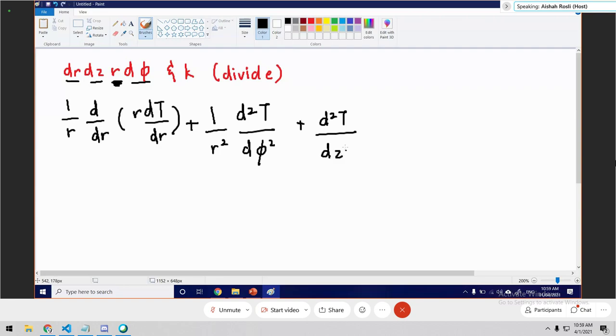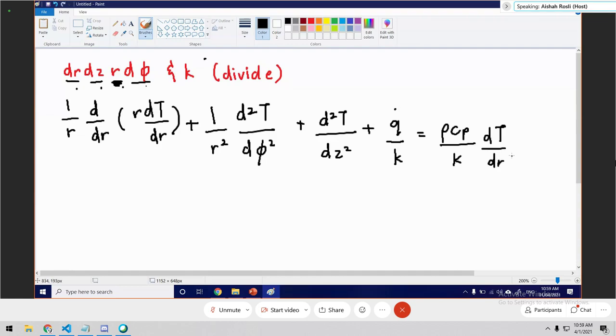This is the easiest because for the z direction, we have k, and we also have dr dz r d phi, so everything cancels out beautifully. So we also have q. Just now we have the q times volume, so the volume cancels out, but we have divided by k. So equals to rho cp over k dT over dt.